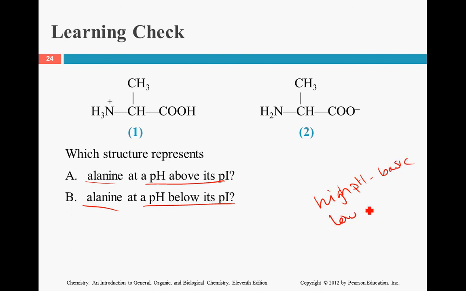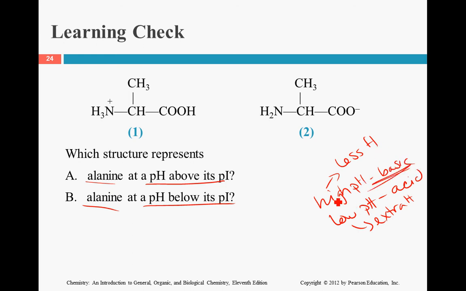Low pH means it's acidic. That means extra hydrogens for the low pH, and fewer hydrogens for the high pH.